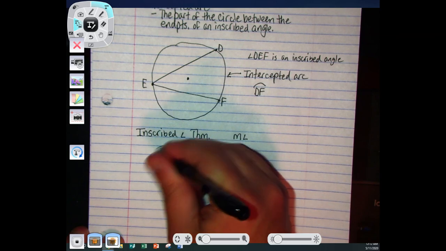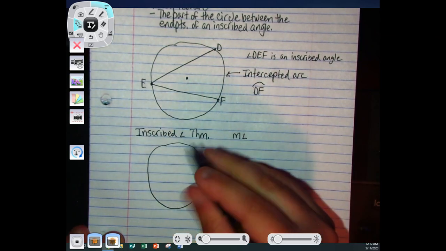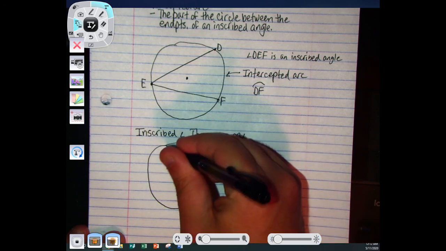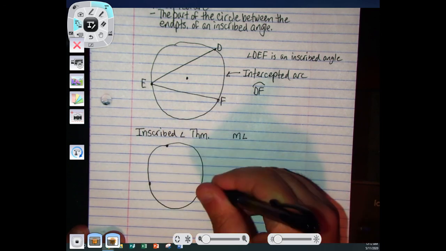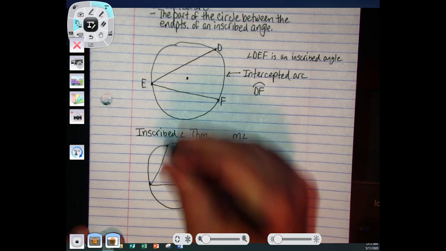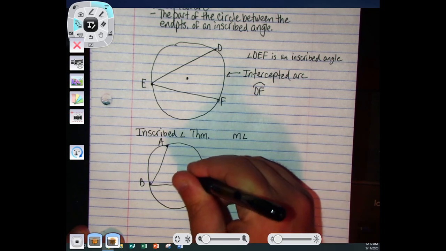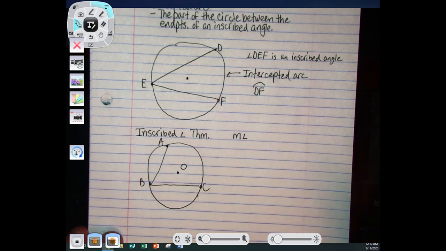So I'm going to sketch a picture. And again, as usual, my angles are horrible. My circles are horrible. So let's call this A, B, C. And we're going to have our center, and this is going to be O. Okay?